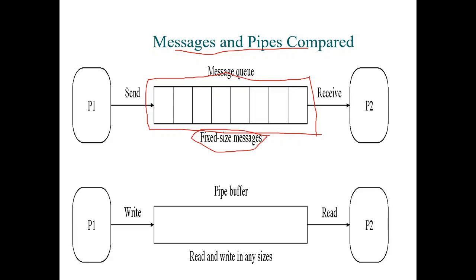So if the message queue is full, then you may not be able to send and receive the messages. So another concept is used, that is the pipe buffer. Through the pipe buffer, reading and writing is done in any sizes. That means accepting the input and sending the output, all these things, that is read and write.